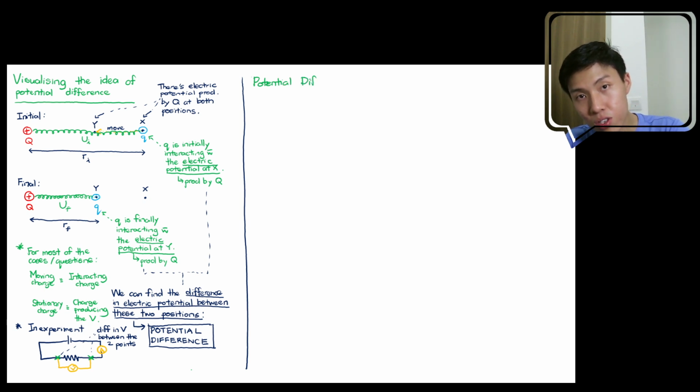So what is potential difference? Potential difference is just the difference in electric potential between two points.